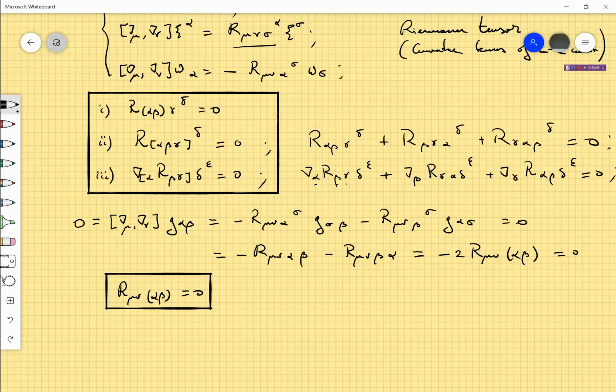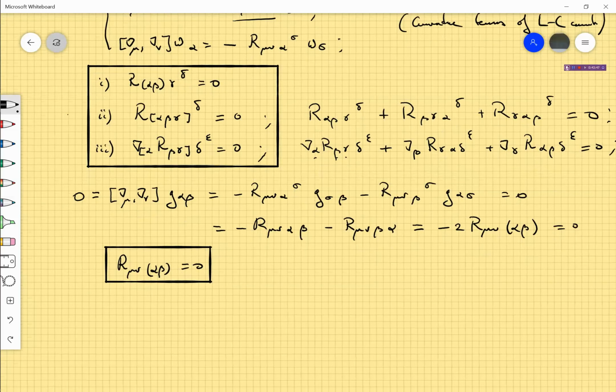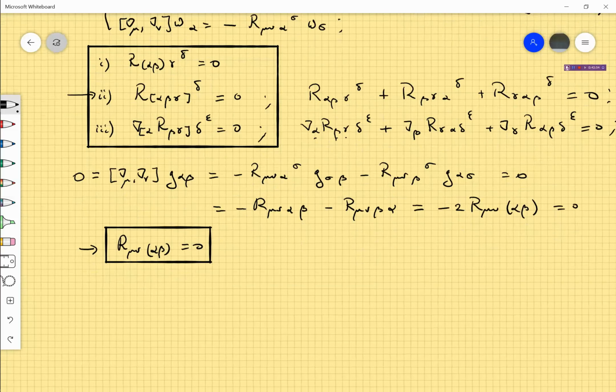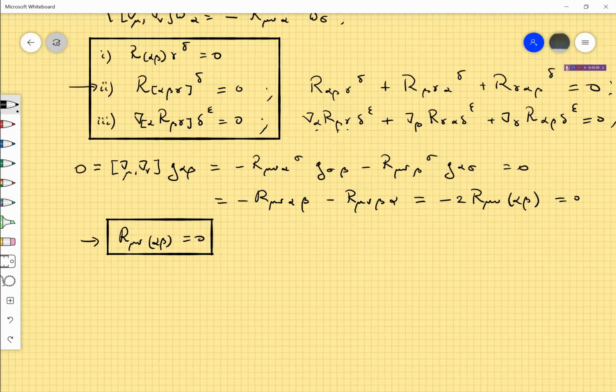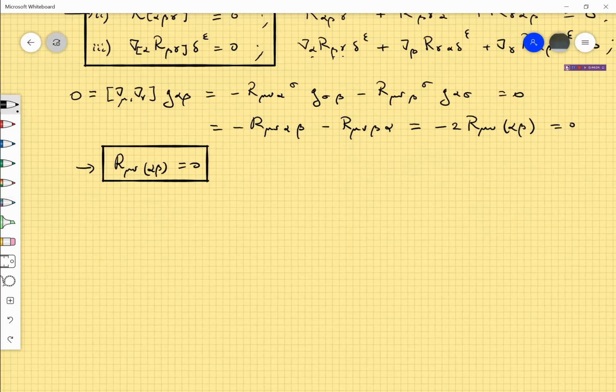And now you can use a combination of this one and this one to prove a derived identity. Okay, this is clearly not independent of them, but that we will use very often. I think it is sometimes called the interchange property, but don't trust me too much on this because I'm very bad with names.